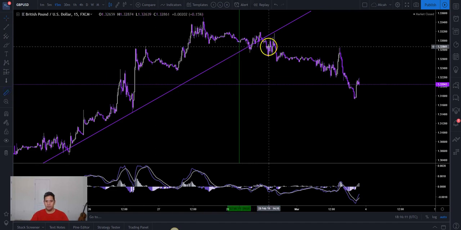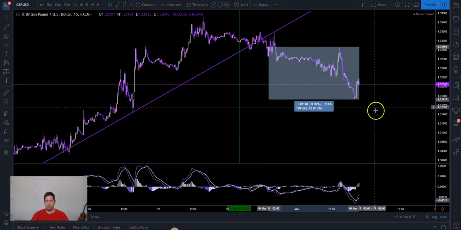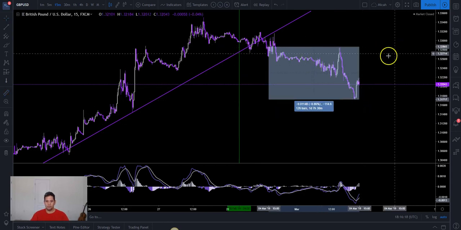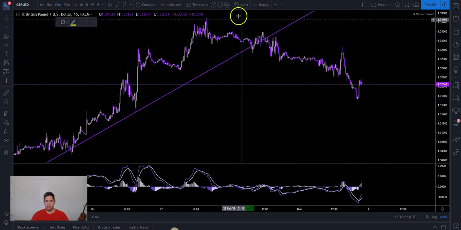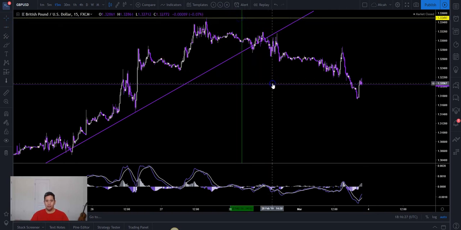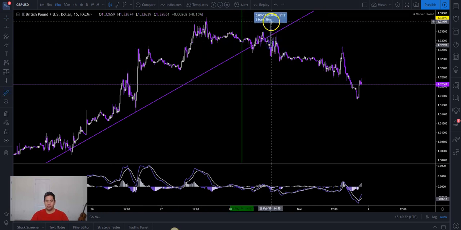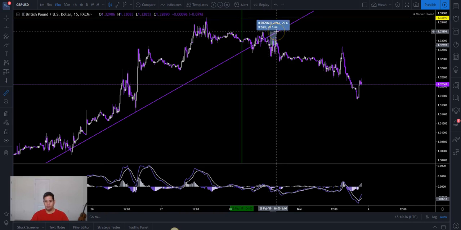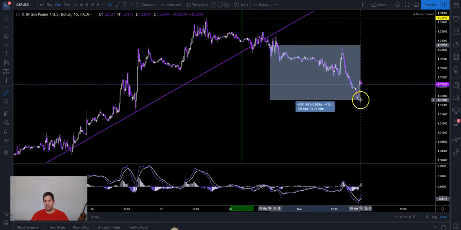Let's see from here. It went about 114 pips. Your stop loss to protect you from bad trades will be the previous high right here. From entry you're risking about 59 pips, but you gained about 119.